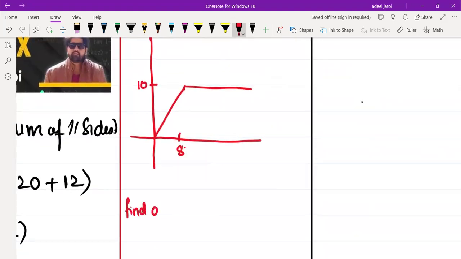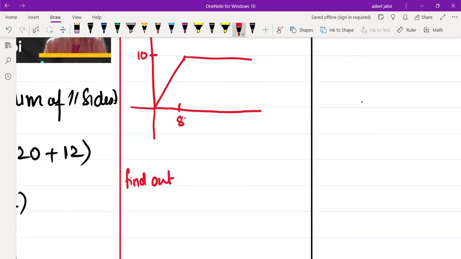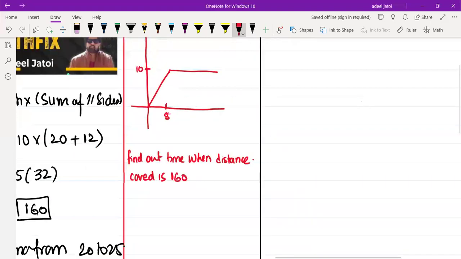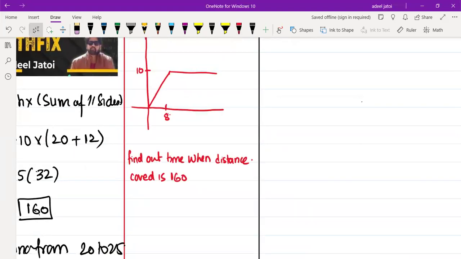Find out the time when the distance covered is 160. Now see, you need to reverse the working. At this time, what you know is your distance is 160. But you do not know the time at which the distance will be covered as 160.